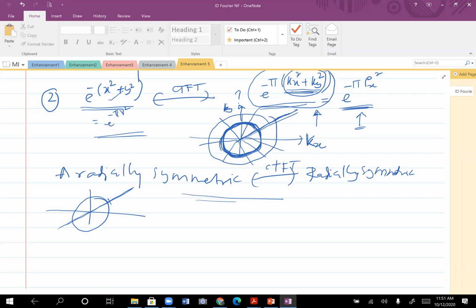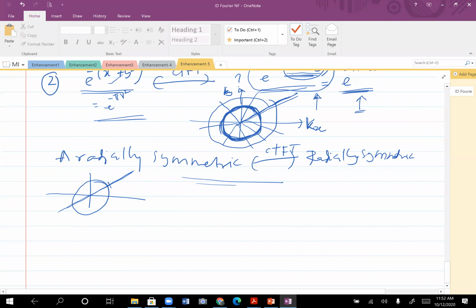And if I tell you that this function is radially symmetric, theta is just a dummy variable there. You don't have to worry about theta, because it is radially symmetric; for every theta, you have the same thing. So you find it out only as a function of r. And then the output also would be radially symmetric. Is that clear?